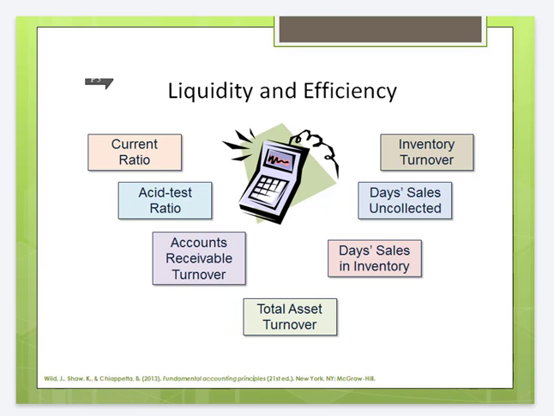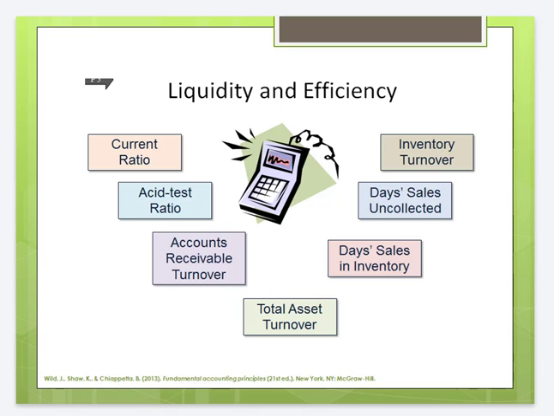Now, when we're thinking about efficiency, we're really thinking about management's efficiency in not only managing the cash, but also managing inventory, which is an important part of the business for a merchandiser or manufacturer. Some of the more common ratios that we'll use for liquidity would be the current ratio and the acid test ratio.